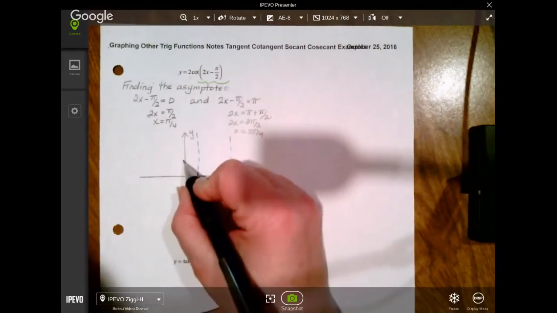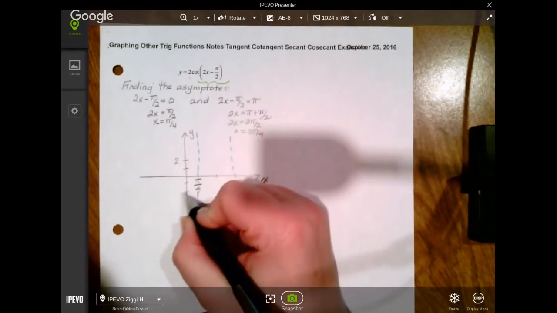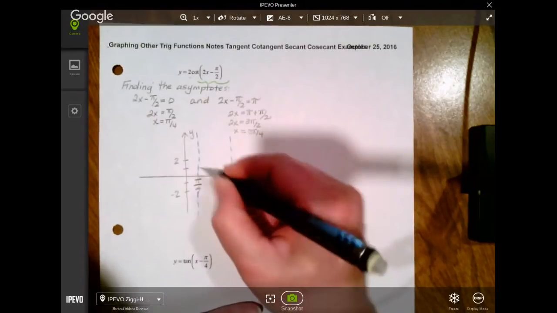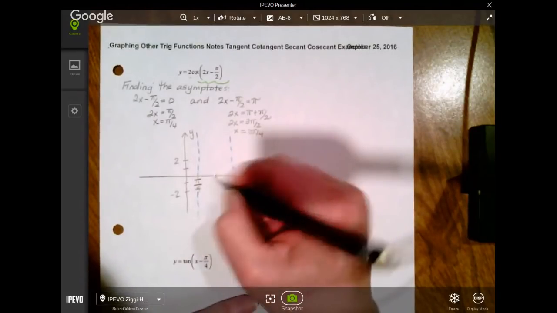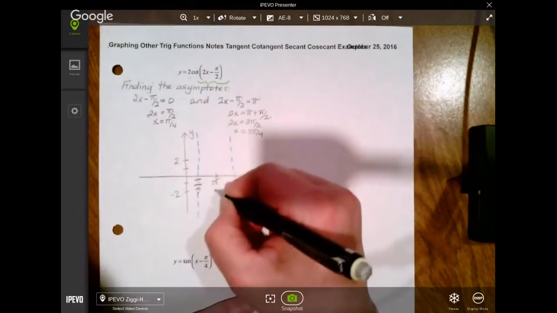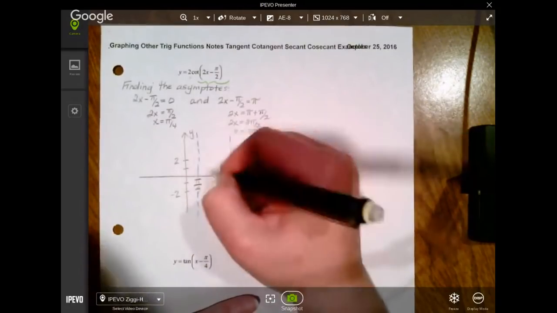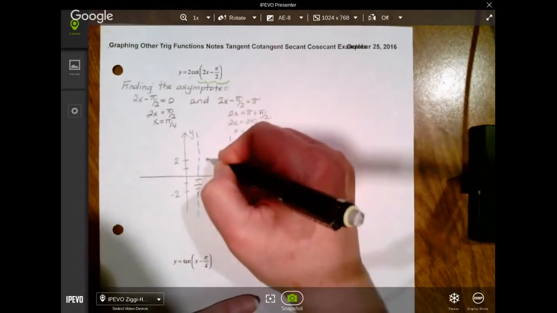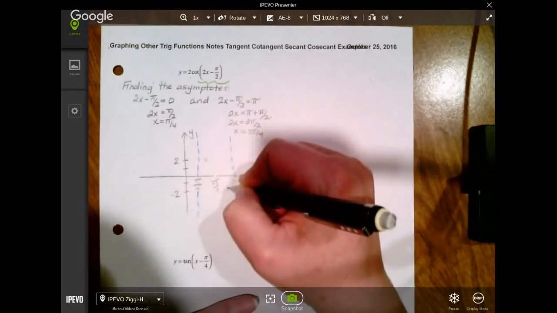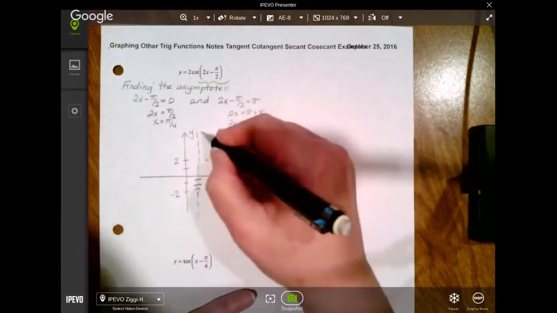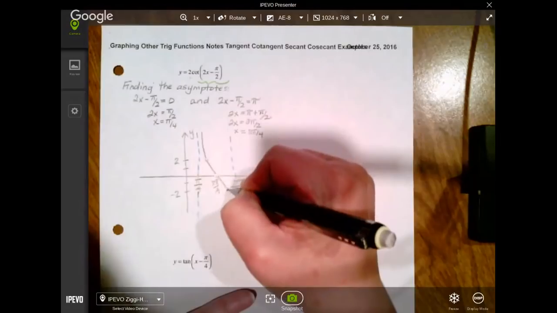So we're going to have to go up 2 and then down 2. And halfway in between here is going to be 2 pi over 4. And then I'm going to go up 2 halfway and then down 2 halfway. It just makes it taller, so I'm connecting the dots here.